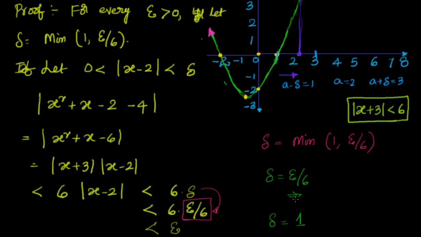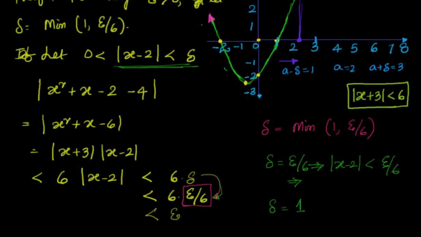If delta equals epsilon by 6, then I can write in place of delta directly: |x - 2| is less than epsilon by 6. Because we have already taken |x - 2| less than delta, and delta equals epsilon by 6, therefore |x - 2| is less than epsilon by 6.